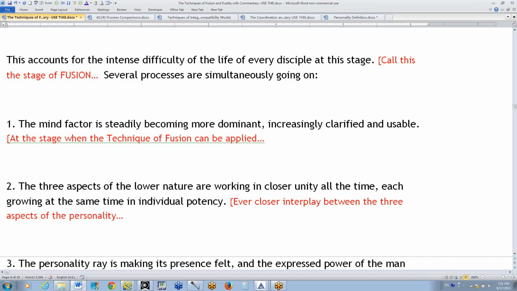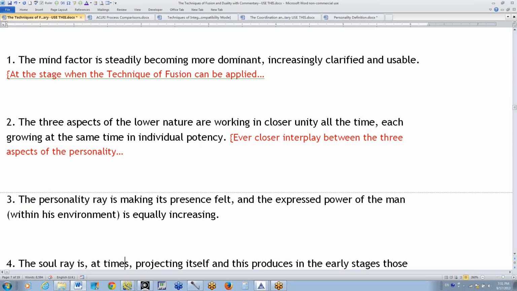The personality ray is making its presence felt, and the expressed power of the man within his environment is equally present.